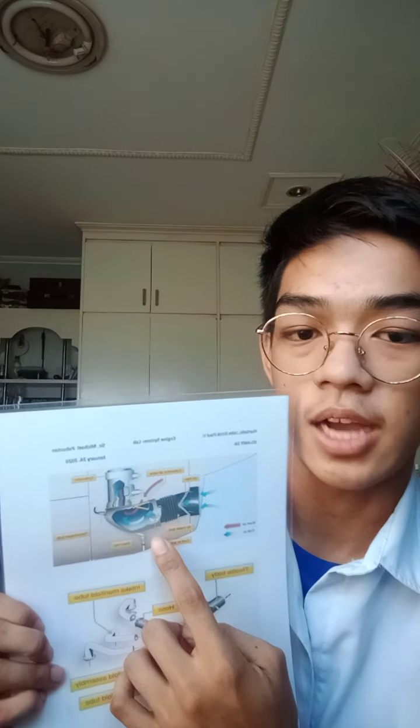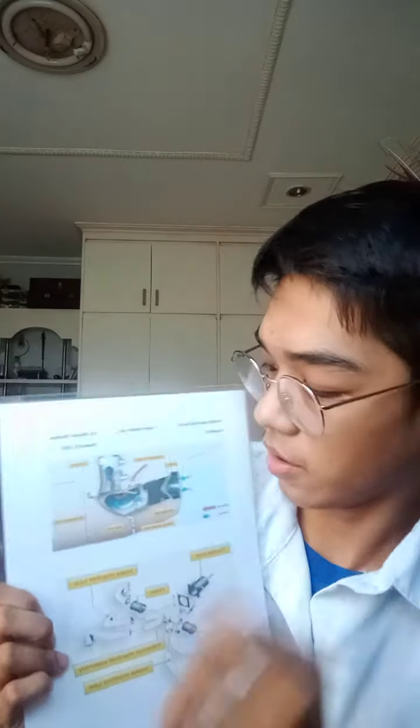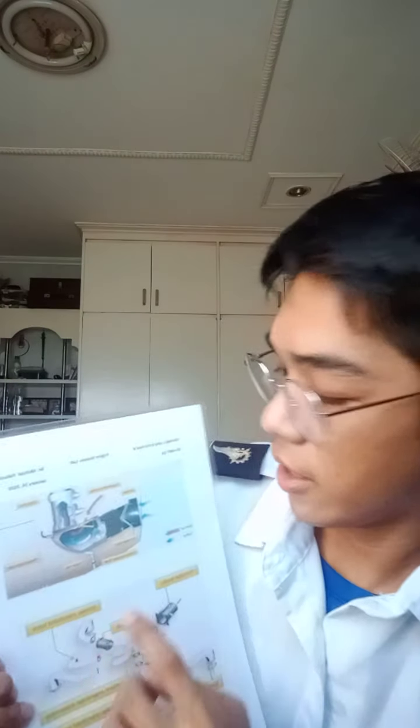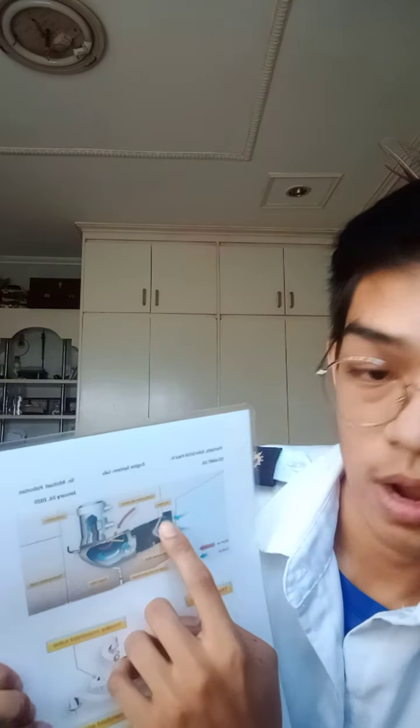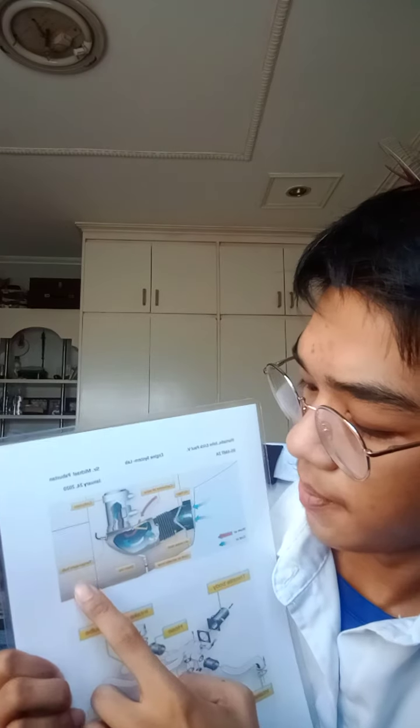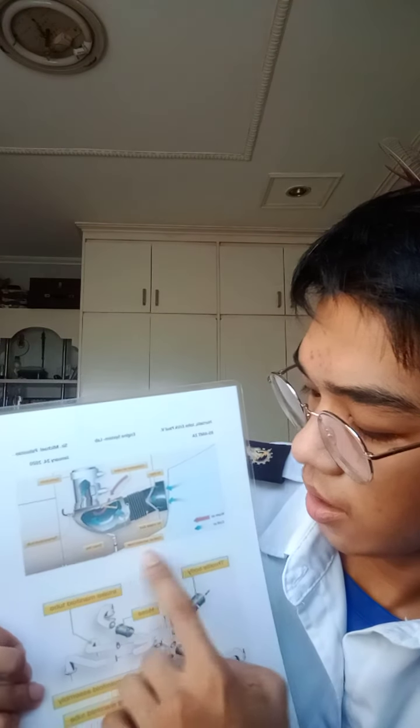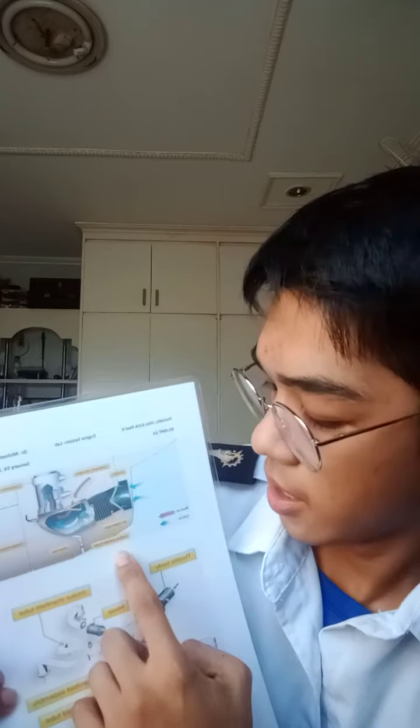So let me show you a diagram of the induction system. This is an example of a non-supercharged induction system using a carburetor, and its parts are the air filter, carburetor air valve, carburetor, temperature bulb, drain line, cold air actuator lever, and air intake duct.